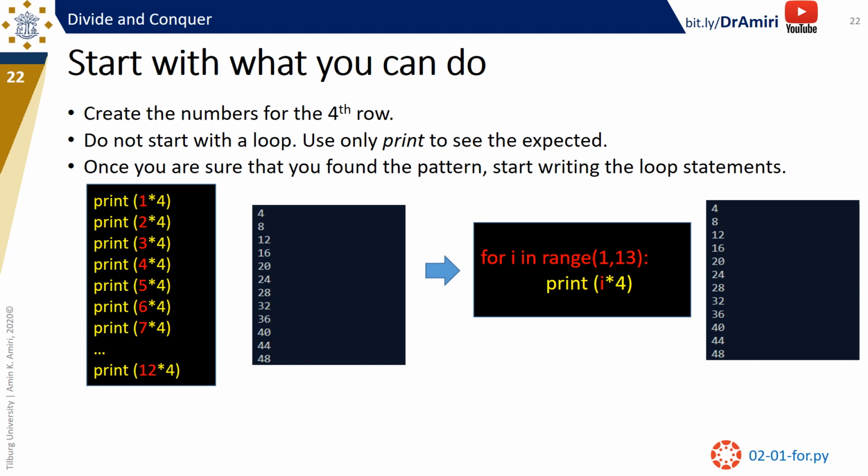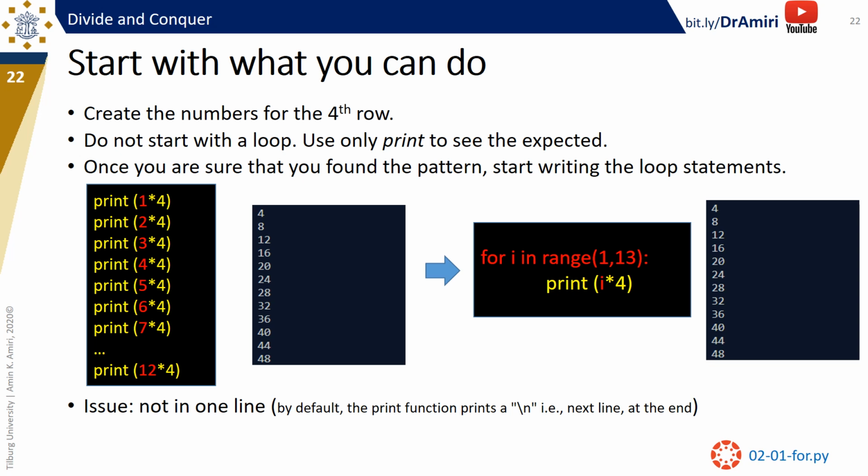Try to be the stupidest programmer ever. Try to only use the print function to see the expected outcome. After that, try to find the pattern and turn the stupid code into a code that has loop statements.